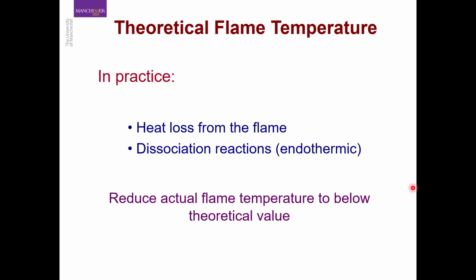So as I said in part 4 as well, in practice, the actual temperature is going to be lower than our theoretical flame temperature, because theoretical flame temperature is the maximum value of temperature that you are going to get from the combustion, because we are not assuming any losses.